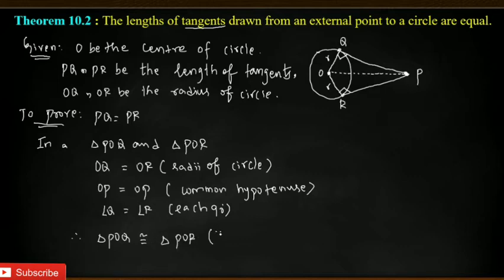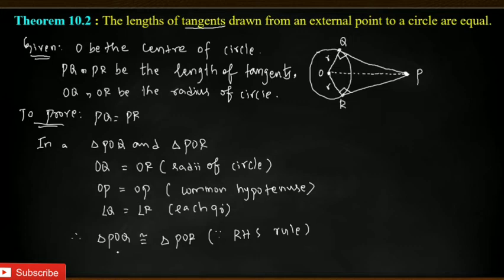By what rule? The radius is one of the sides, and we have the hypotenuse and we have a right angle. So by the RHS, right angle, hypotenuse, side, congruence criterion, this is possible.